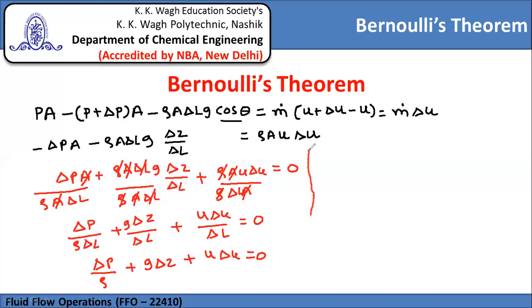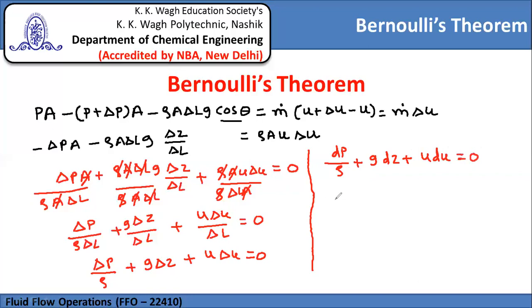If we represent this equation in differential form, it will be converted as dP upon rho plus G into dZ plus U into dU is equal to 0.